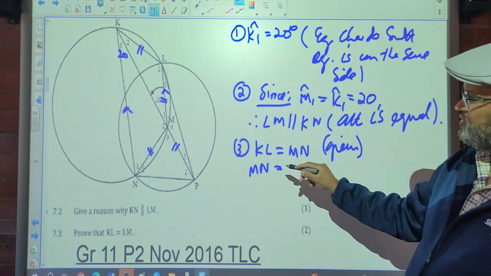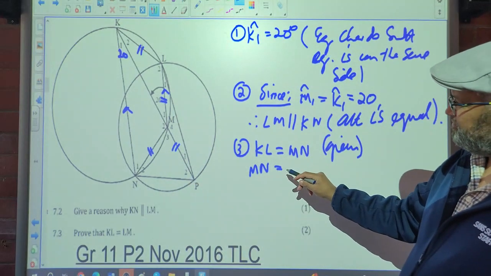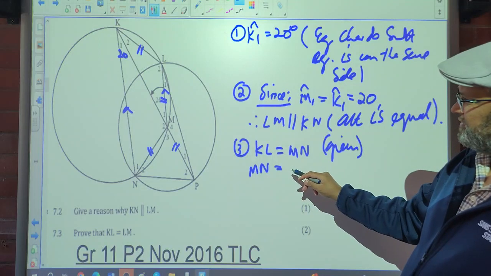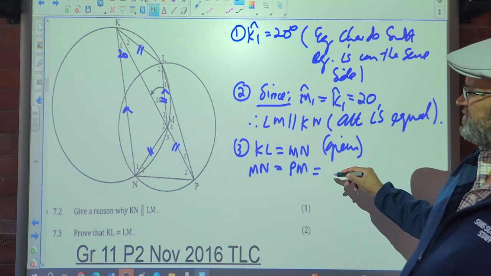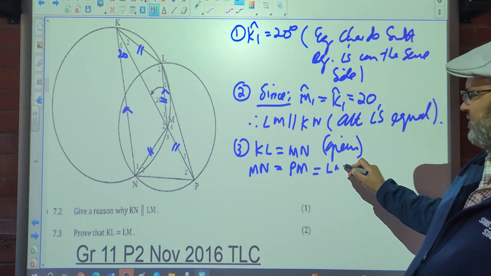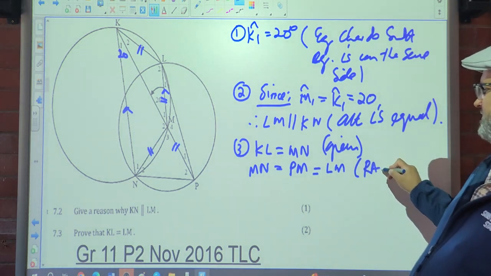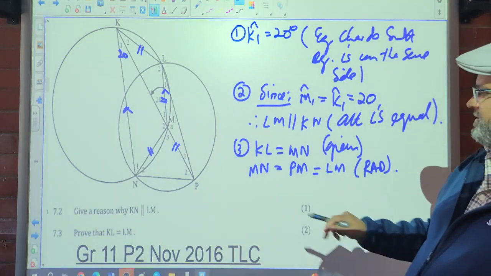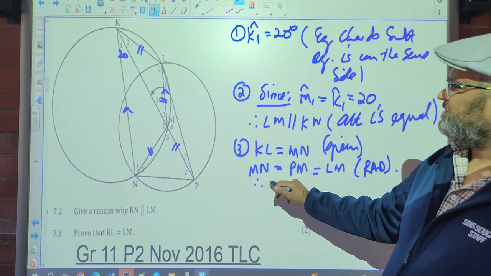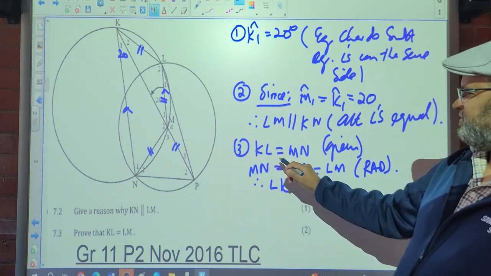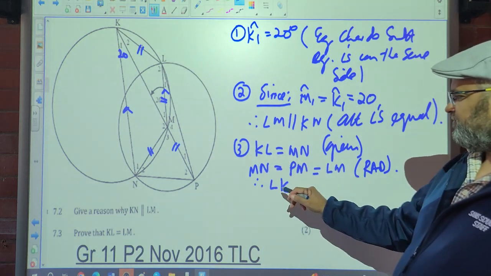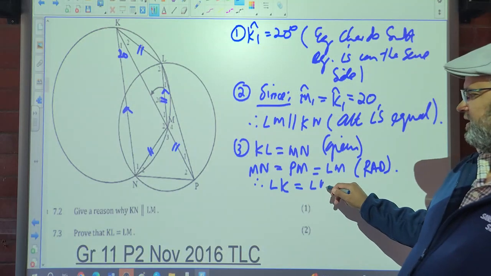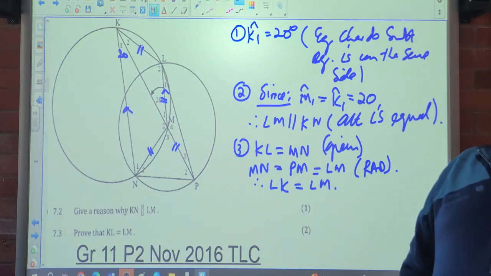So KL is equal to PM, equals LM. Why? It's all radii there. So if KL is equal to MN and MN is equal to LM, therefore LK is equal to LM.